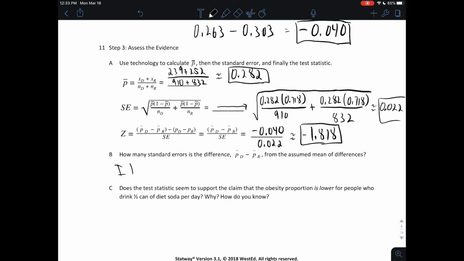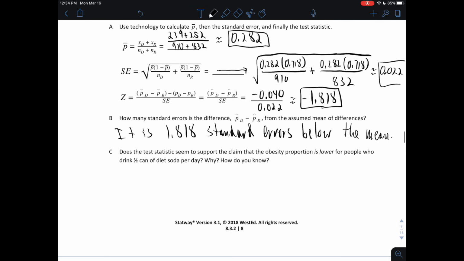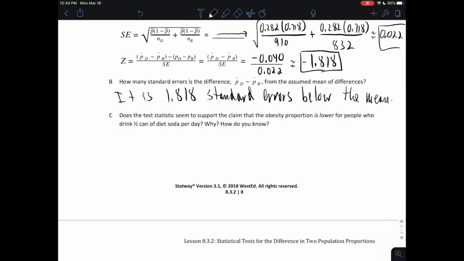So it is 1.818 standard errors below the mean. Part C, does the test statistics seem to support the claim that the obesity proportion is lower for people who drink a half can of diet soda per day?